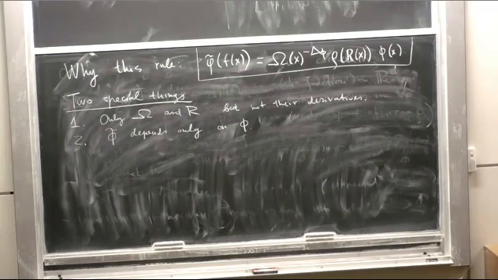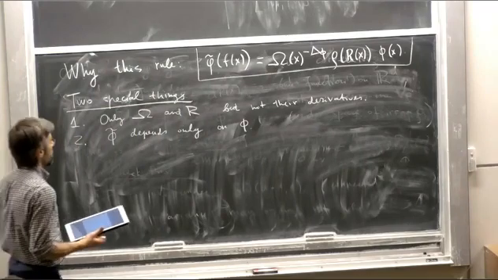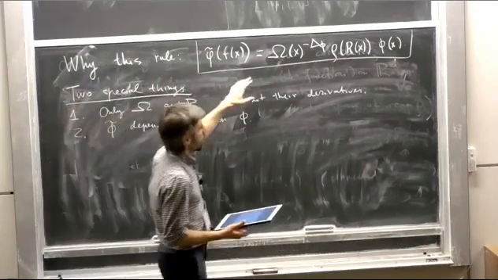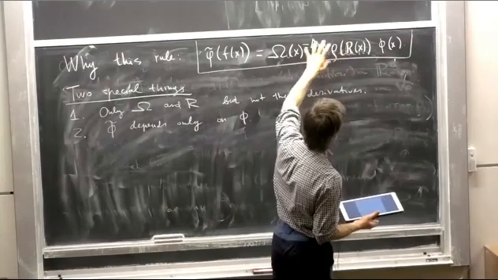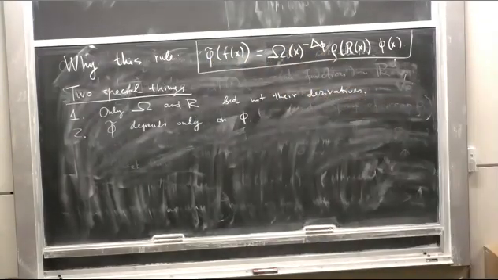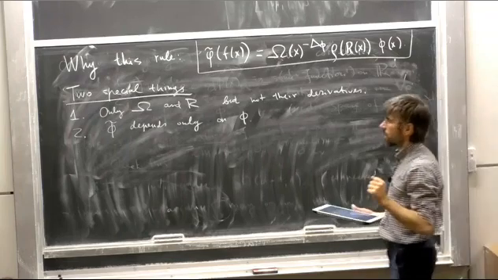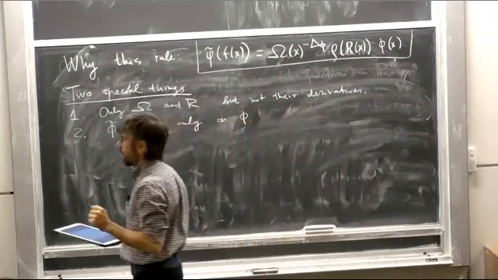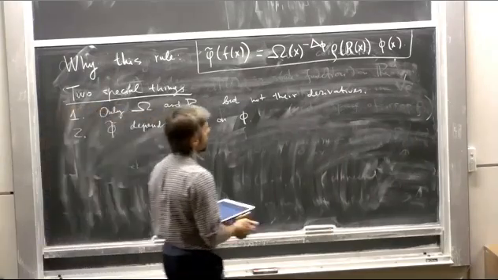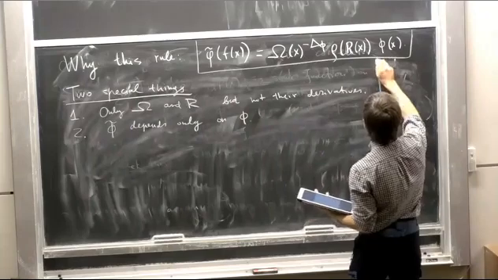And here I have to finally admit that I was being a bit cavalier. This transformation property is not going to apply to all fields of our conformal field theory. It's only going to apply to primary fields.